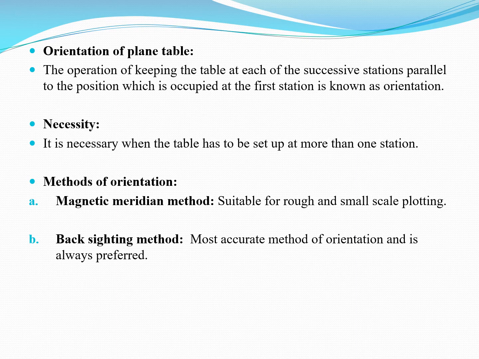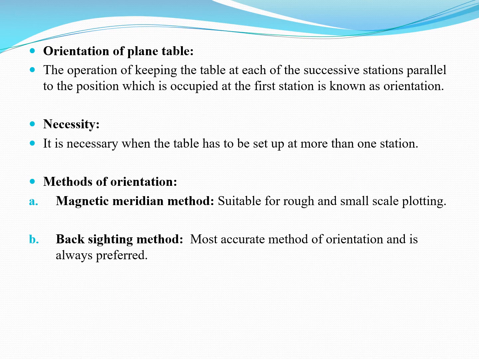After that, the plane table is shifted over station Q and all the arrangements are done as per the setting of plane table. For every new setup of plane table, it is necessary to do the centering and leveling operations.